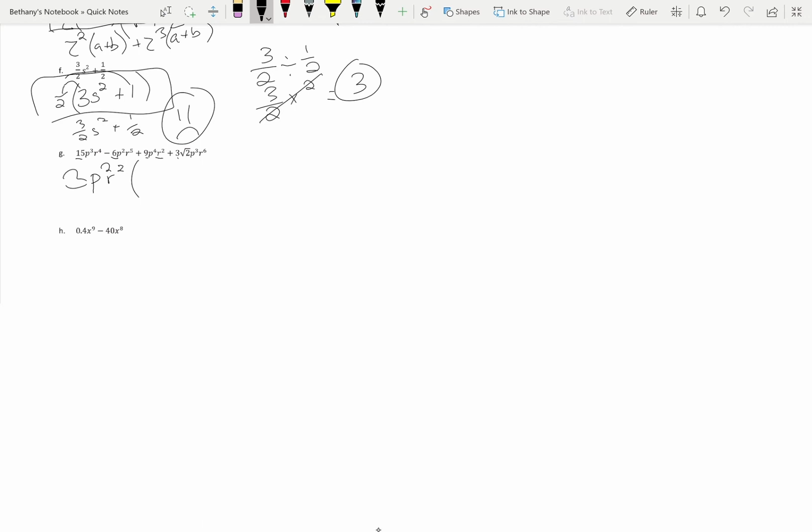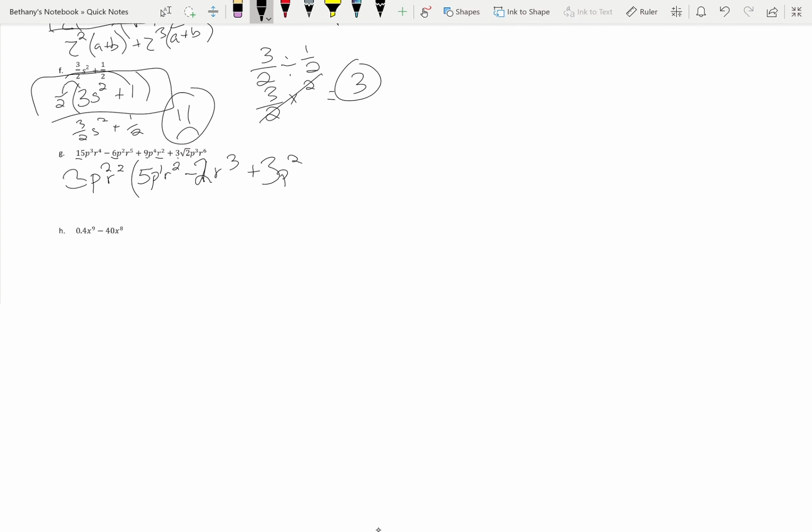Okay, so taking that out, 15 divided by 3 would leave me 5. P to the third divided by p squared would be p to the 1. R to the fourth divided by r squared would be r squared. Minus 6 divided by 3 is 2. P squared would cancel out, and I'd have r to the third. Plus 9 divided by 3 is 3.